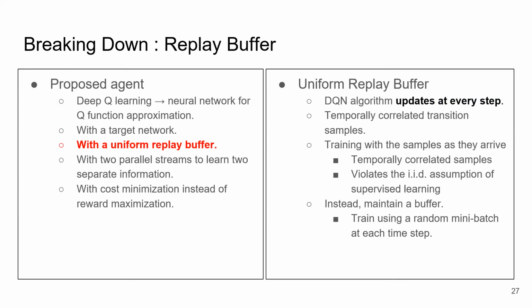Since the transition samples are generated one after the other in an episode, they are temporally correlated. However, supervised learning assumes that training samples are IIDs. Hence, to avoid training the network with correlated samples, we use a uniform replay buffer, which is used at each step to sample a mini batch of training data that are not correlated.